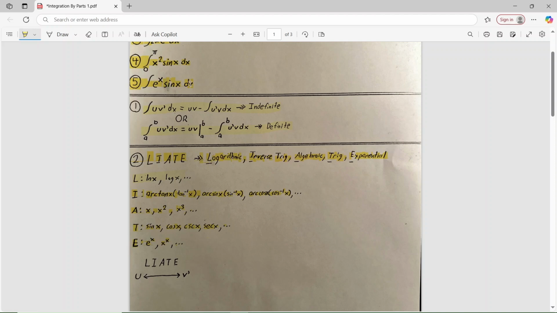So for example, in this question 5, e to the x times sine x, we have an exponential function and a trig function, T and E. Therefore, u would correspond to the T, which would be sine x, and the v prime would correspond to the E, which is e to the x. Because as you can see, v prime, e to the x, u, T. The one furthest to the left is u, furthest to the right is v prime.